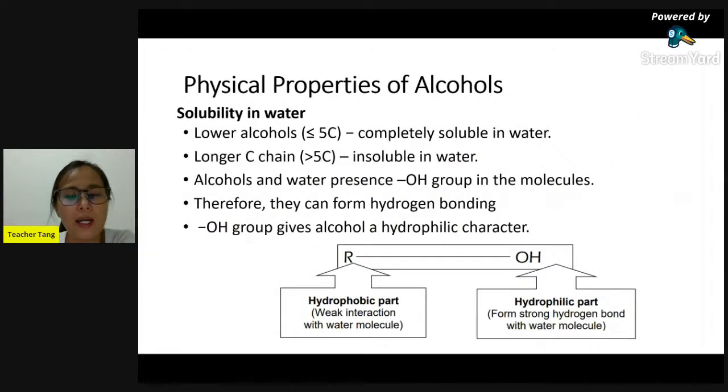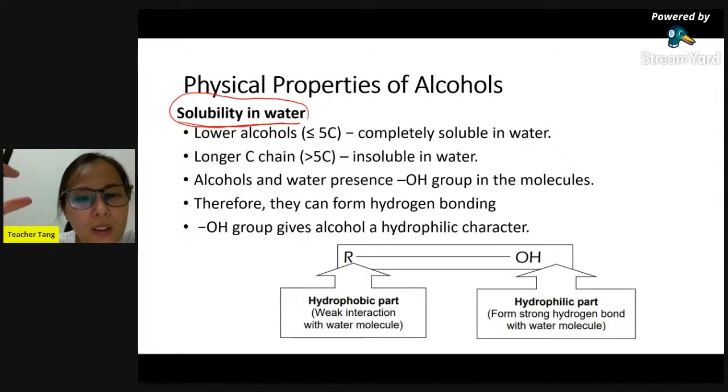So, and then the second physical property that we are going to look at is solubility in water. So remember, I taught you before, to be soluble in water, that particular organic compound must be able to form hydrogen bonds with water.